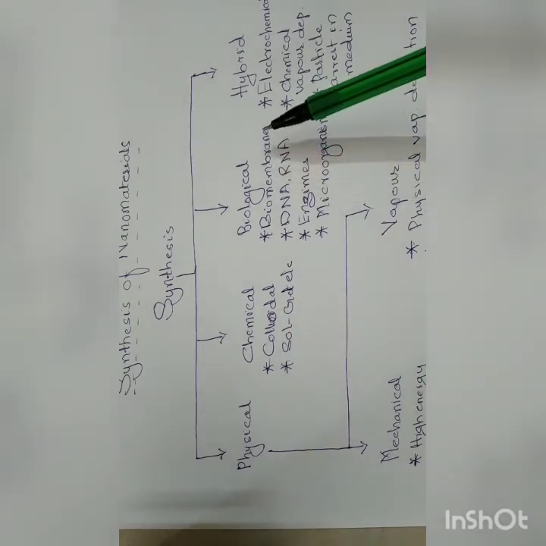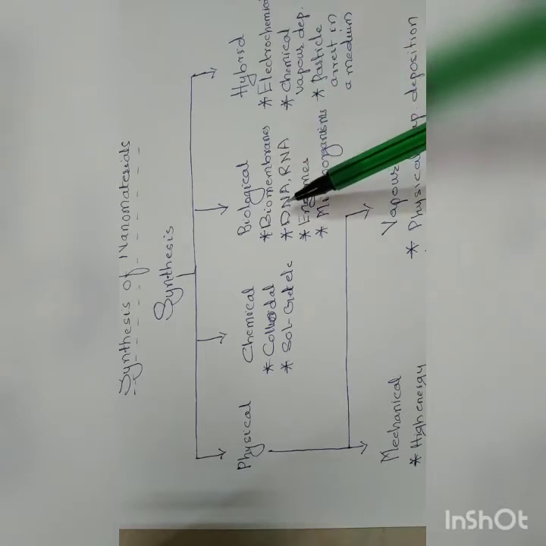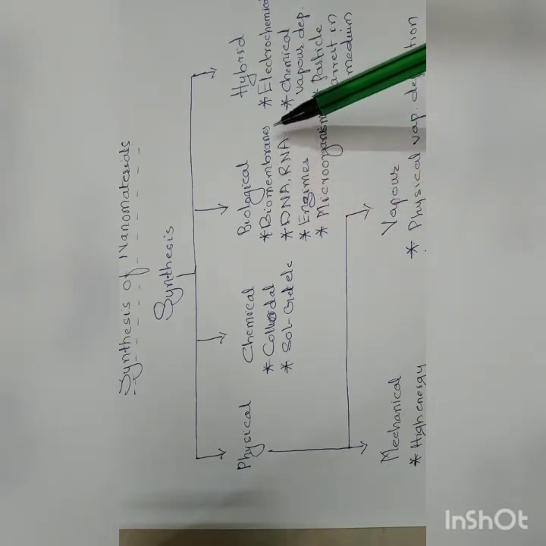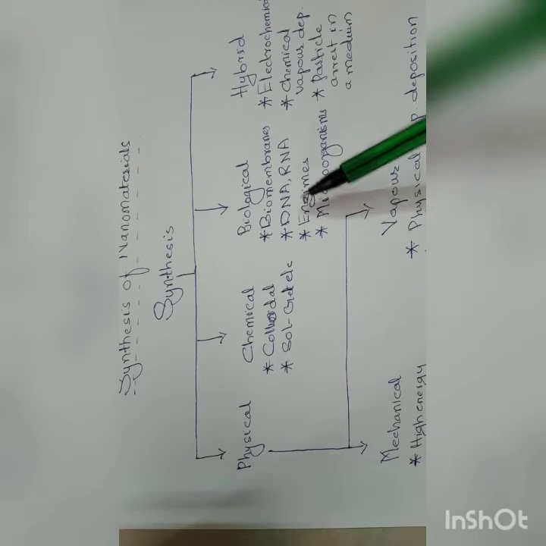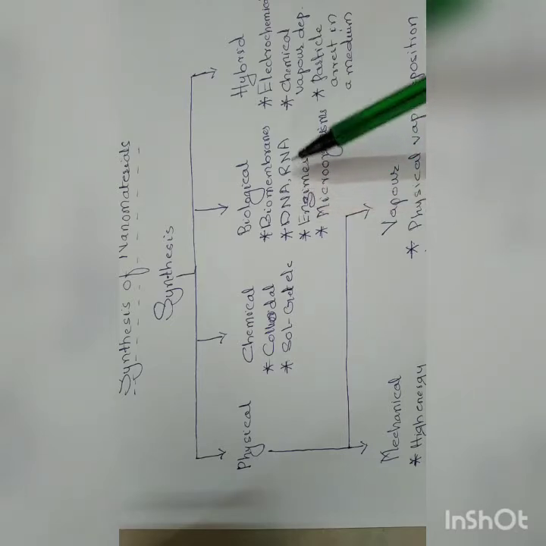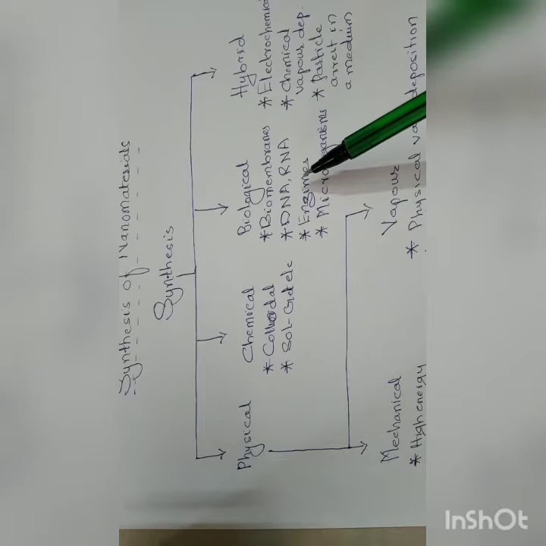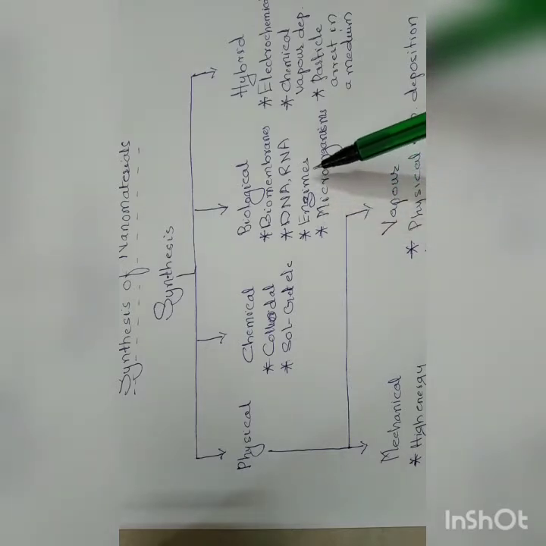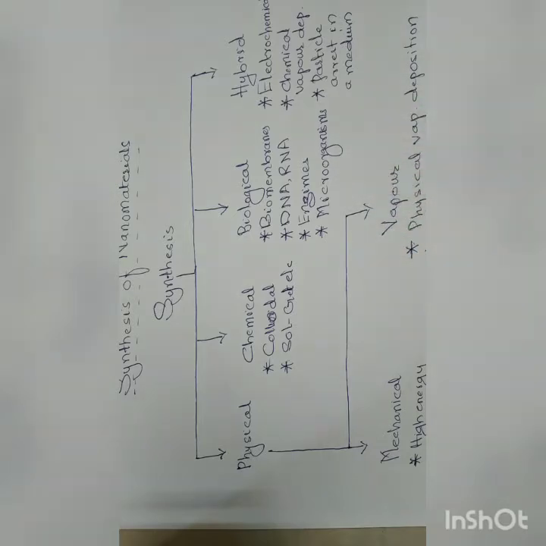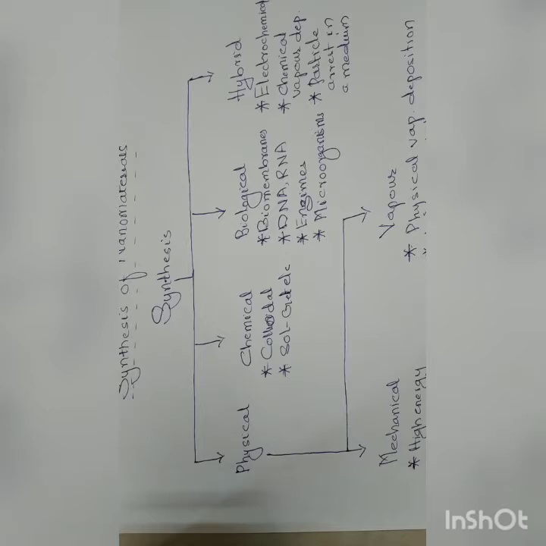In the case of biological methods of synthesis, you can explore biomembranes of various kinds to make nanomaterials. You can also have genetic molecules like DNA and RNA, which can be guiding molecules to make certain nanoparticles. Similarly, one can explore enzymes and also microorganisms to make nanoparticles.